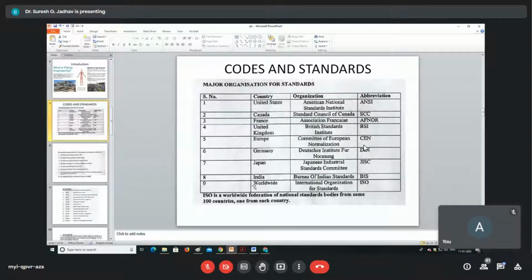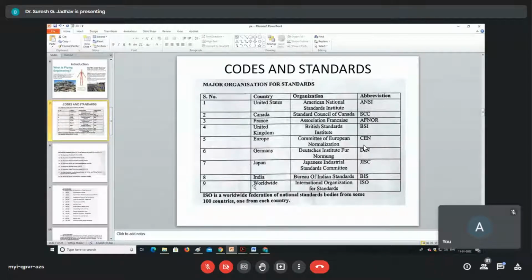Piping codes define the requirements of design, fabrication, and use of materials, test and specification of pipes and piping systems.